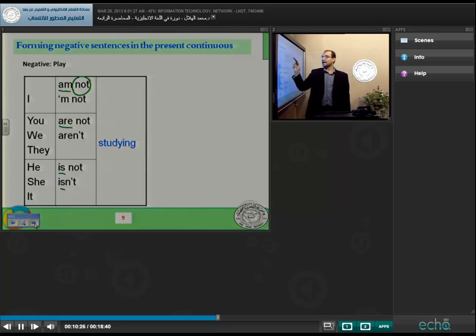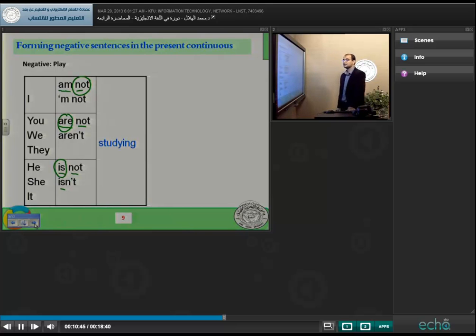I will take am; you, we, they will take are; and he, she, it will take is. And after this form of the verb to be, we add the negative particle not in all cases. So it is only a matter of adding the one form of the verb to be, the suitable one, and adding the negative particle not. I am not studying.